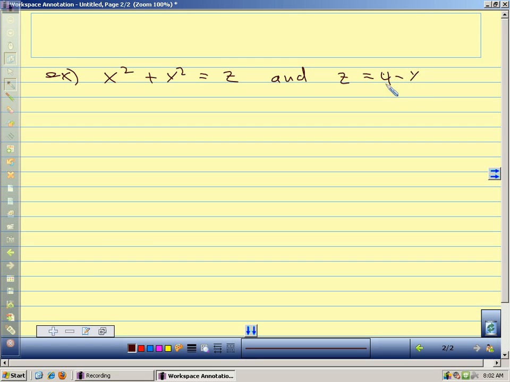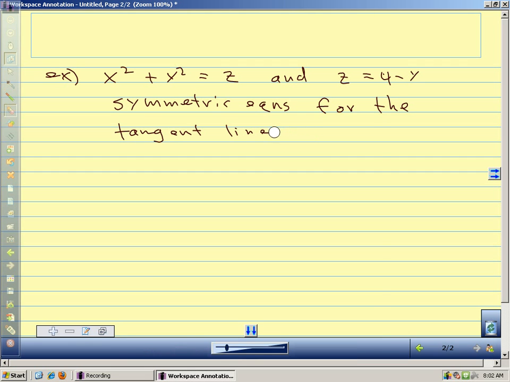The problem we're trying to solve is to find symmetric equations for the tangent line to the curve of intersection.